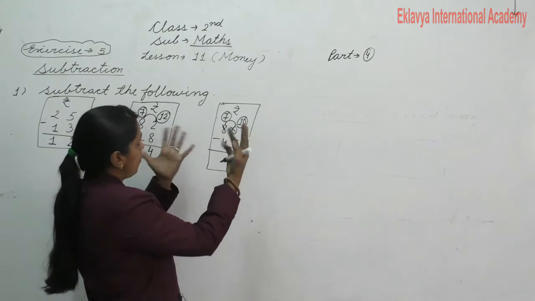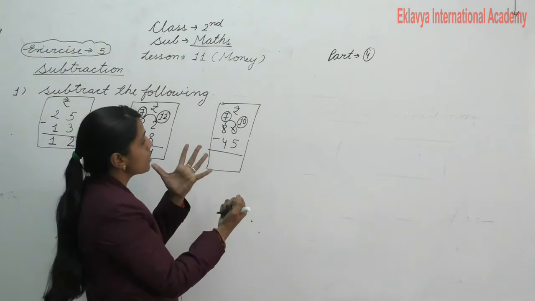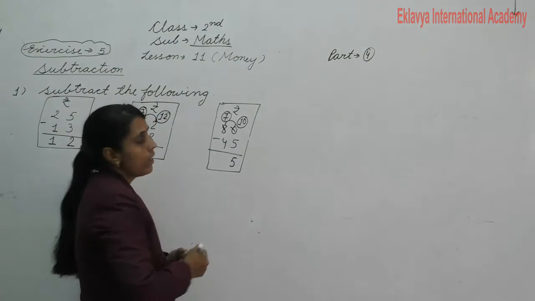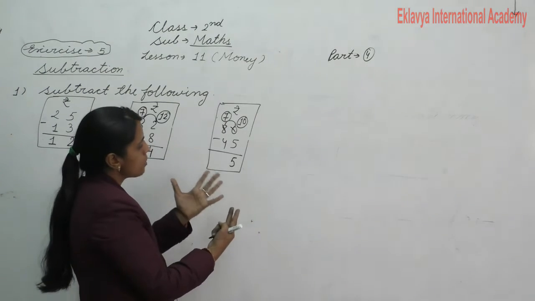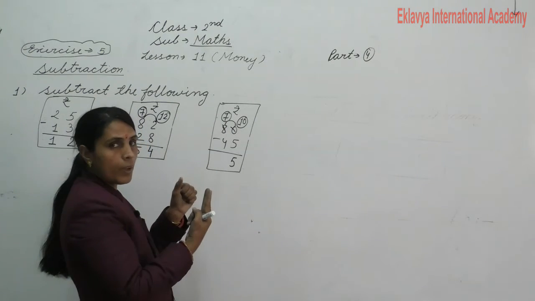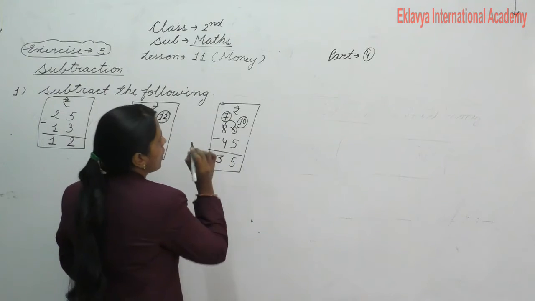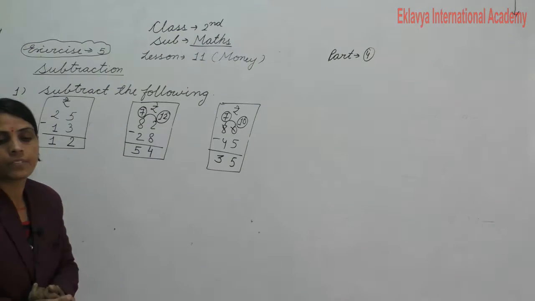How many rupees do you have? You have only 5. You have 7 rupees. If you want to spend 4 rupees, how many rupees do you have? You have only 3 rupees. This is your subtract the following.